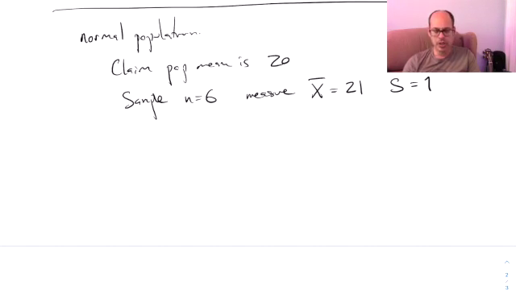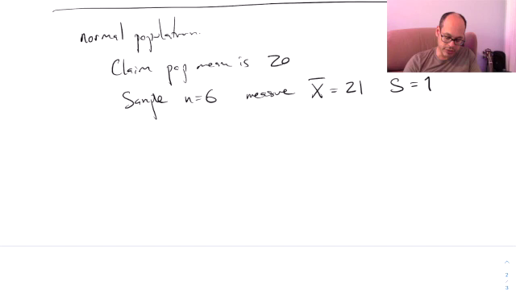Okay. So the question is, can we determine whether or not we think they're correct with this population? Do we think it really could be 20? How likely is that?